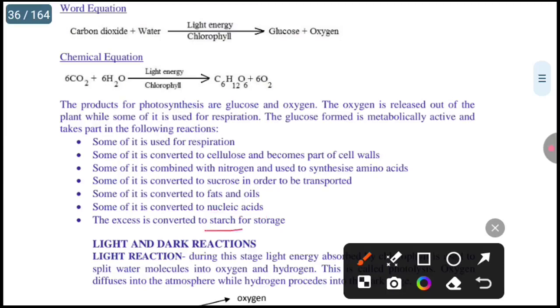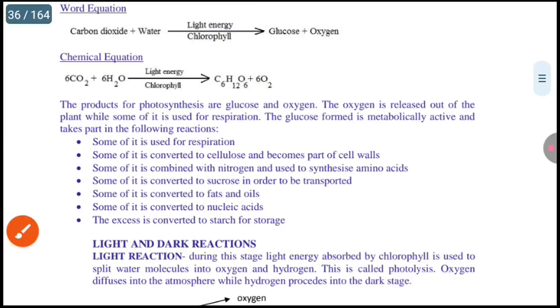So in plants, glucose is stored as starch, while in animals it's converted to glycogen. So glucose takes part in these reactions.